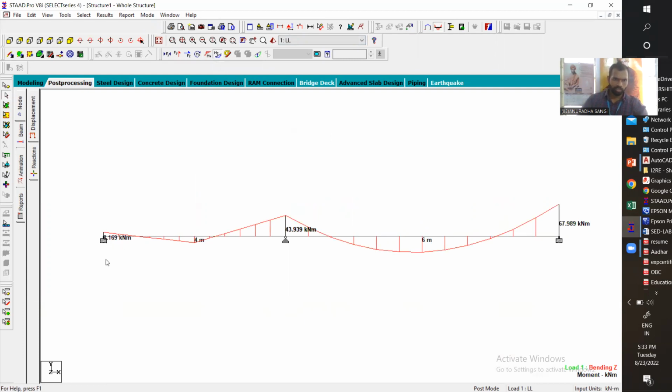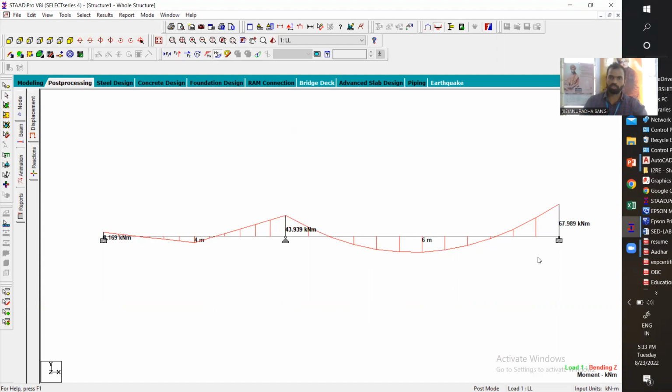At A, here we are getting the value 8.169. At B, we are getting 43.939. At C, we are getting 67.989. These values are different from our calculated values. Why?